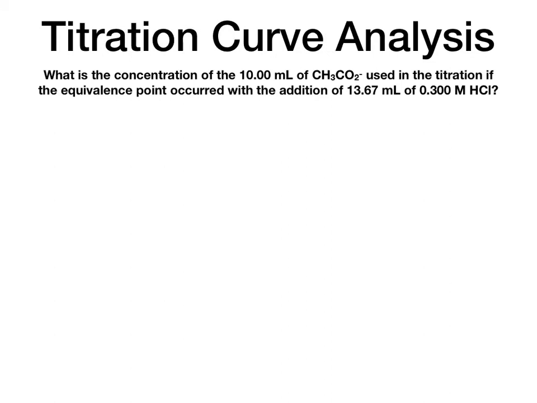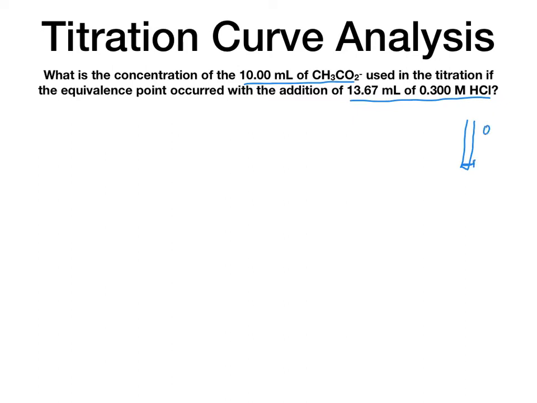One thing that we can find from titration data is the concentration of our solution. So this question asks, what is the concentration of the 10 milliliters of acetate that was used in the titration if the equivalence occurred with the addition of 13.67 milliliters of 0.3 molar HCl? Let's draw ourselves a picture just to make sure that we know what we're doing.